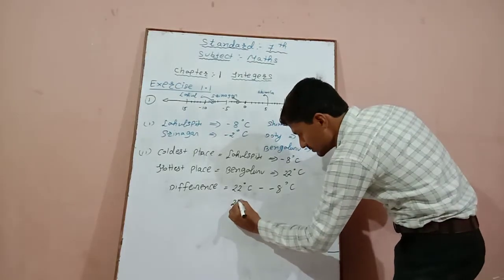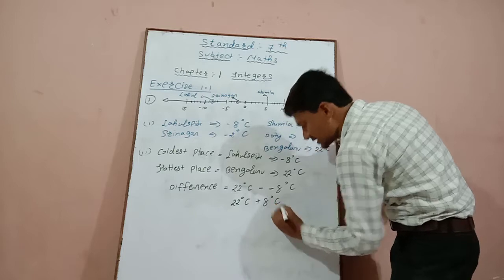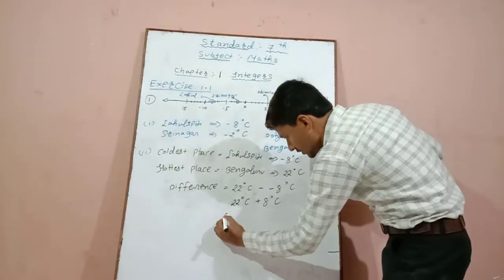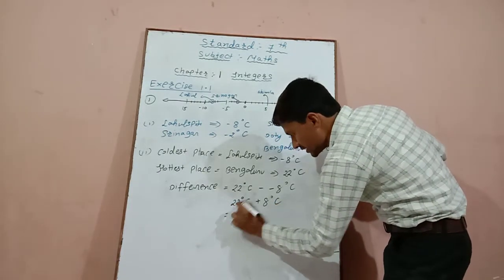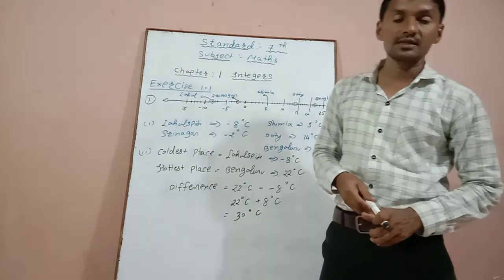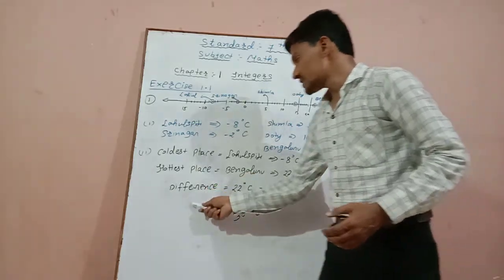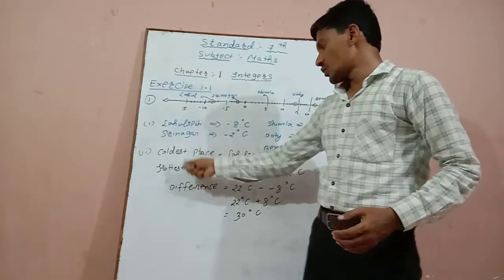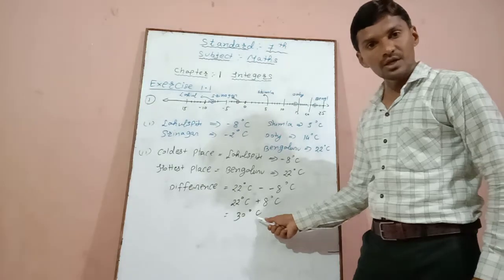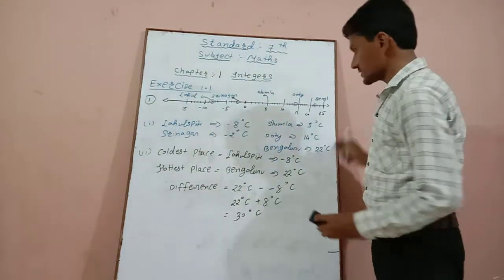So the answer will be 22 degree Celsius plus 8 degree Celsius. So the answer of the second question, 22 plus 8 is equal to 30 degree Celsius. The difference of the hottest and the coldest cities, the difference in temperature, is equal to 30 degree Celsius.